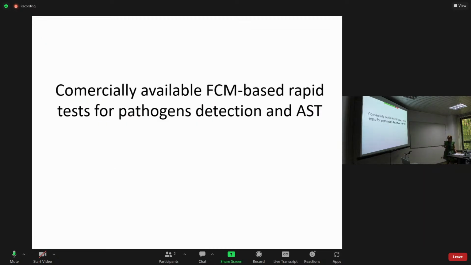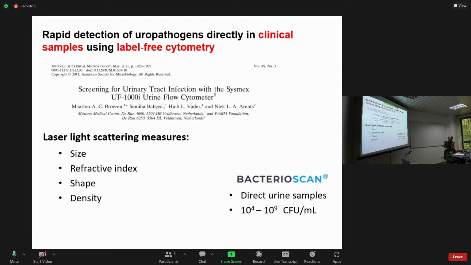What I've shown you until now was referring to bench-side research. Now we are getting to commercially available flow cytometry-based rapid tests for pathogen detection and susceptibility testing. There is a BacterioScan, a commercially available test, allowing the direct detection of uropathogens.